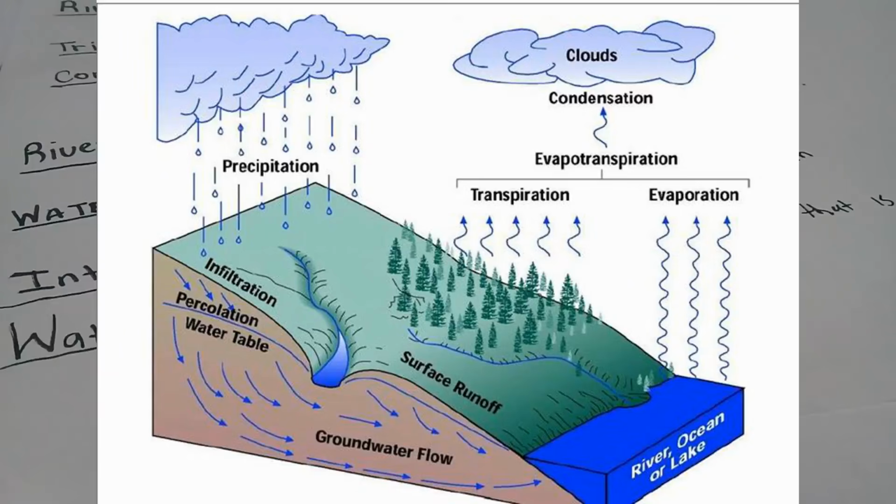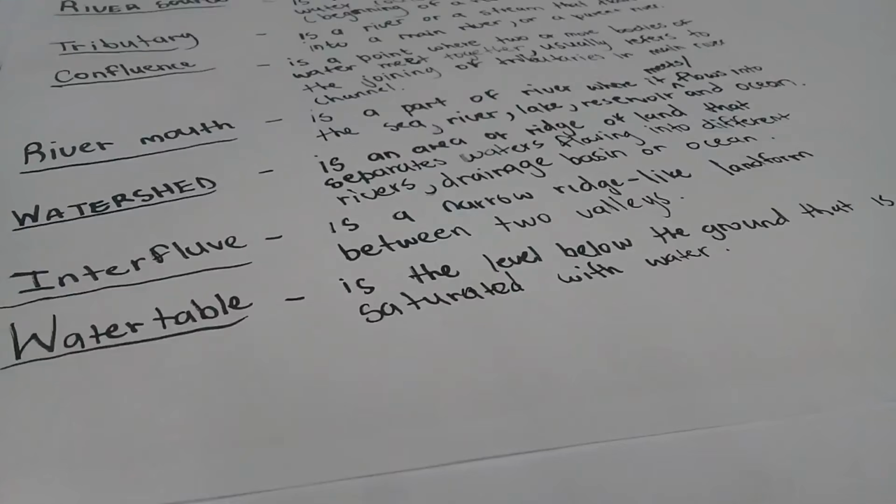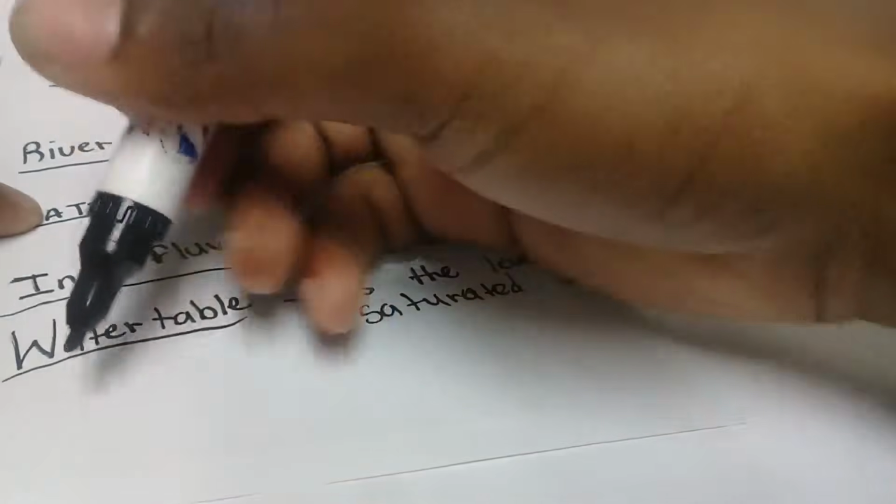The water table is the highlighting point, the top layer of the groundwater. So groundwater is water held underground in the soil or in the pores and crevices in rocks, right? So let's give a definition of groundwater.